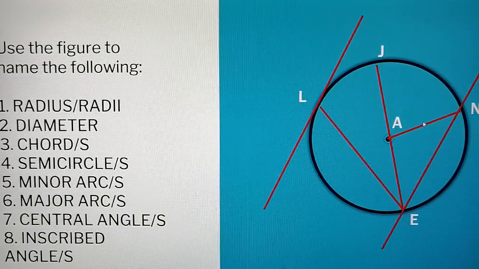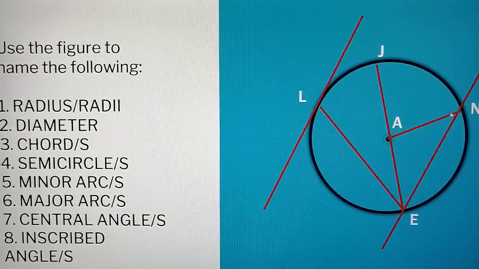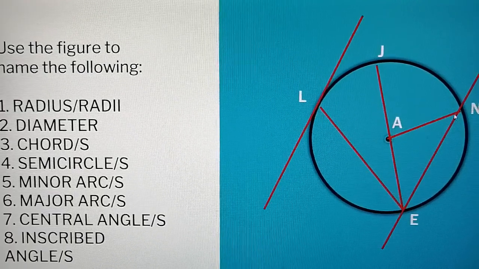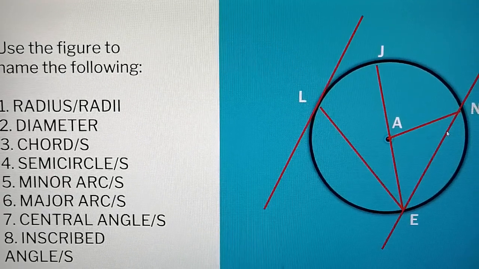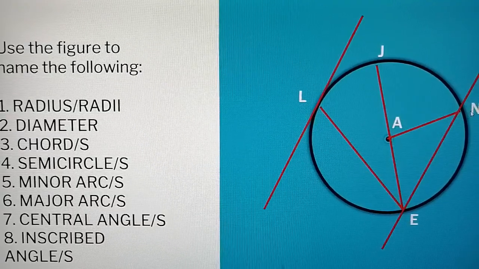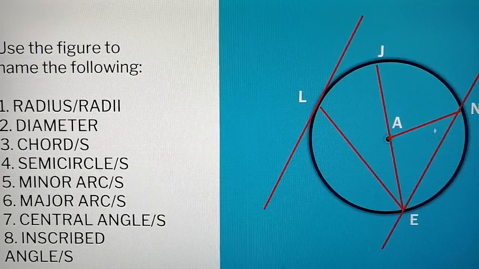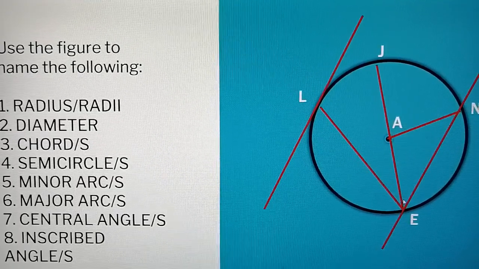This one is also an inscribed angle because this radius can be extended here to satisfy the definition in which the sides of the inscribed angle are chords of the circle. Therefore this is an inscribed angle which can be named as angle AEN.